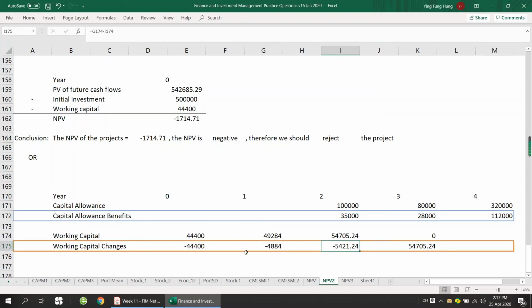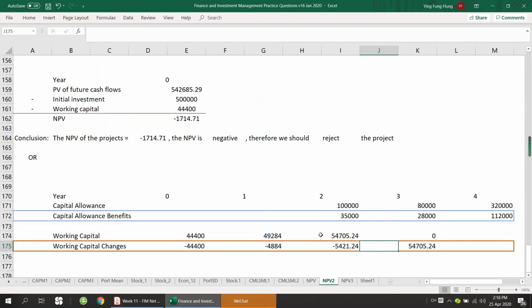Similarly, for the working capital changes in year 2, it can be obtained by using the working capital of year 1, which is this 49.284 thousand, and we subtract this from the working capital of year 2, which is this 54.70524 thousand.